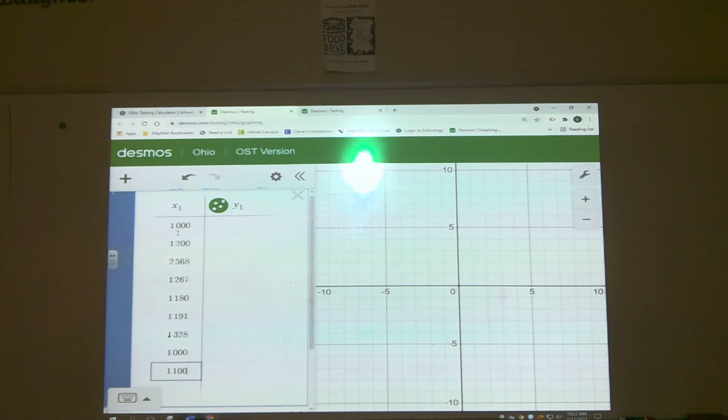So there were 9 numbers here. Make sure you have 9 in here. 1, 2, 3, 4, 5, 6, 7, 8, 9. That will not fix if you mistype something, but at least you know you have the right amount of numbers.